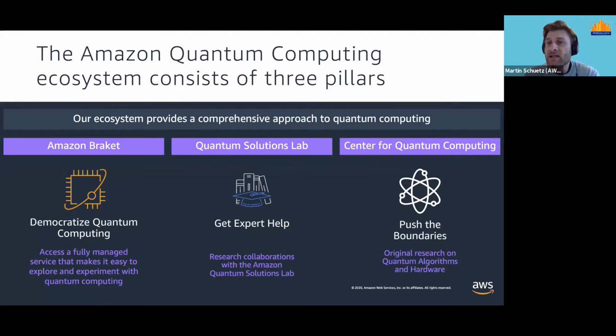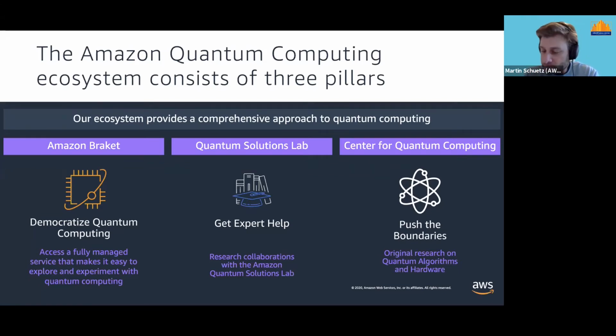It's essentially a collection of APIs, as everything else on AWS, with security, networking, etc., all baked in, and giving you not just one technology, but we take a hardware-agnostic approach.